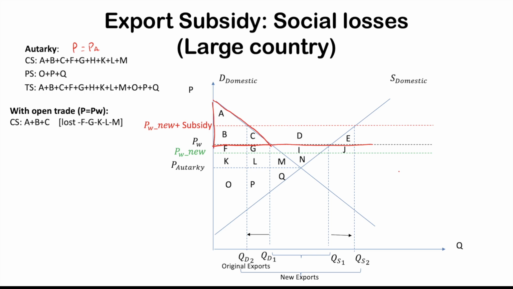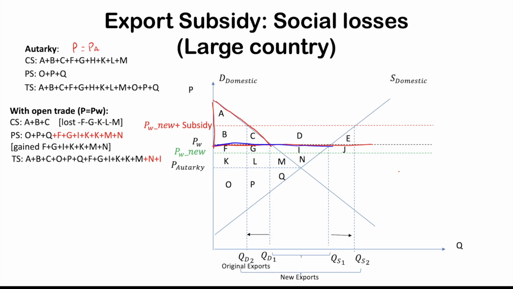So it lost the areas F, G, K, L, M, but the producer surplus is now higher, and that's the area below the price above the supply curve, so it regained areas F, G, K, L, M, but it also gained a new area, I and N, which represents the social gain.